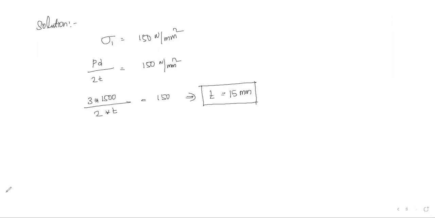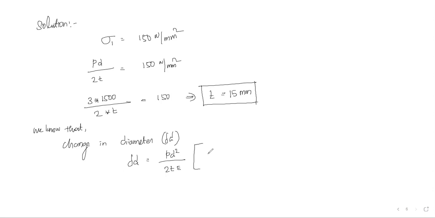Okay, next we should go on to the further, that is change in length, change in volume, and change in diameter. Okay, so we know the formula, change in diameter del D is equal to PD square divided by 2TE into 1 minus mu divided by 2.